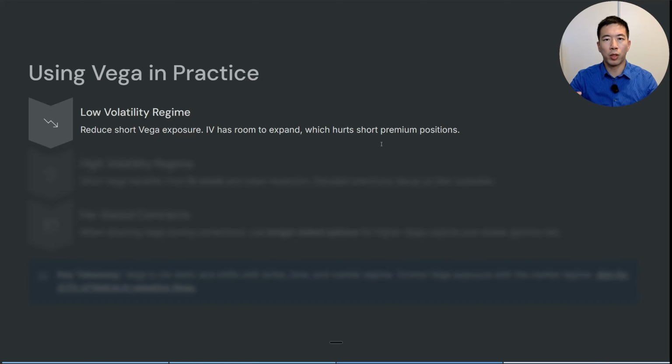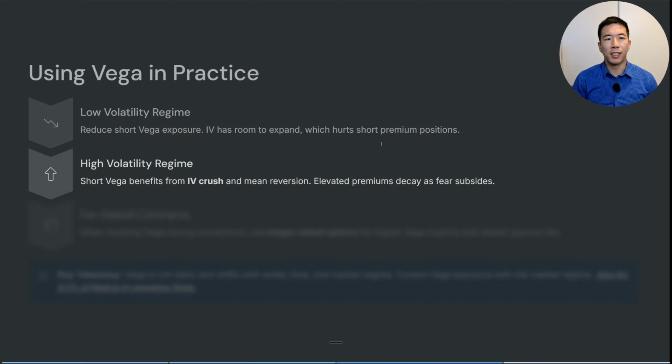I'll talk about some good practices of how much short Vega to have in a bit. The second thing is, on the opposite end, during high volatility regimes, we benefit from IV crush and mean inversion of volatility. So when the IV is high, when the VIX is high, when the market is crashing, when the CNN fear index says extreme fear, that's when we should be aggressive and sell more options, okay?